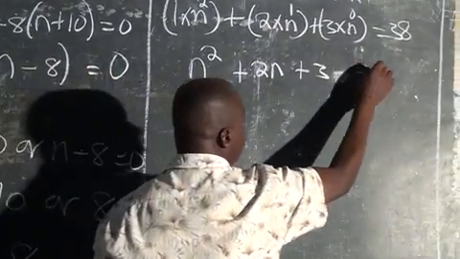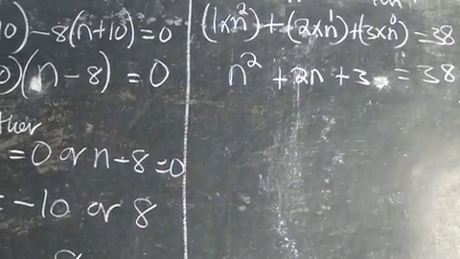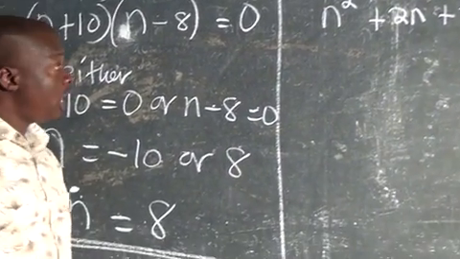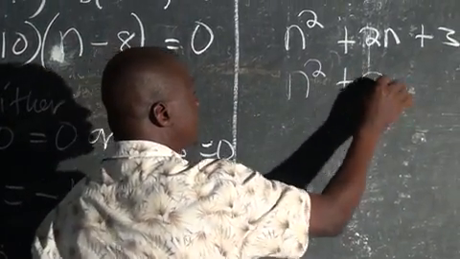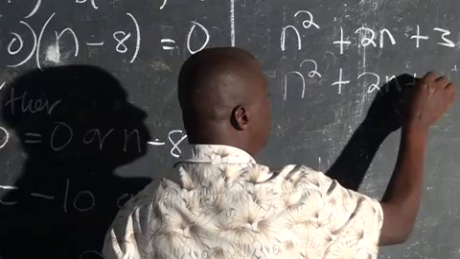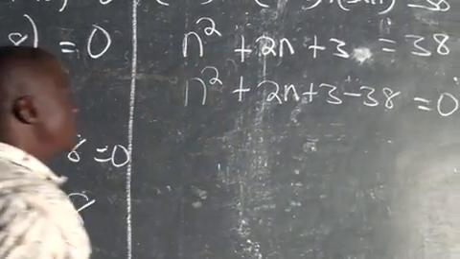And this is equivalent to 38. Rearrange the expression: n squared plus 2n plus 3 minus 38 gives 0.